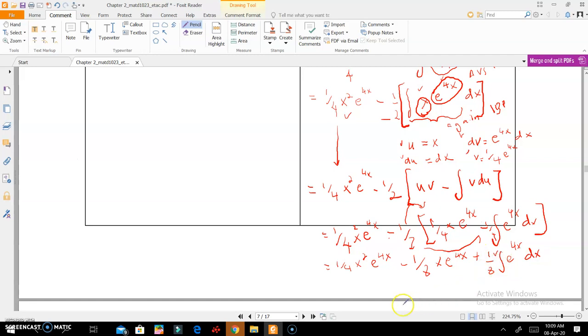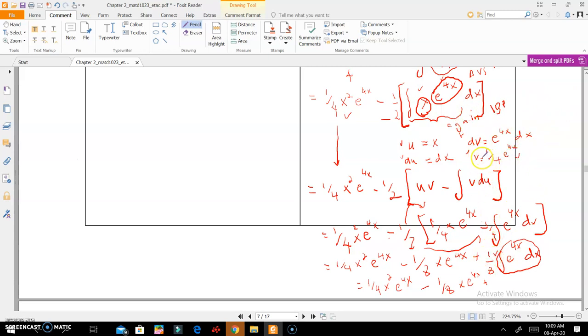You need to eliminate the exponent and the integrals there. So you are going to get 1 over 4 x squared e for x minus 1 over 8 x e for x plus, okay, integrate exponent for x dx. You can refer to this part. This is your answer.